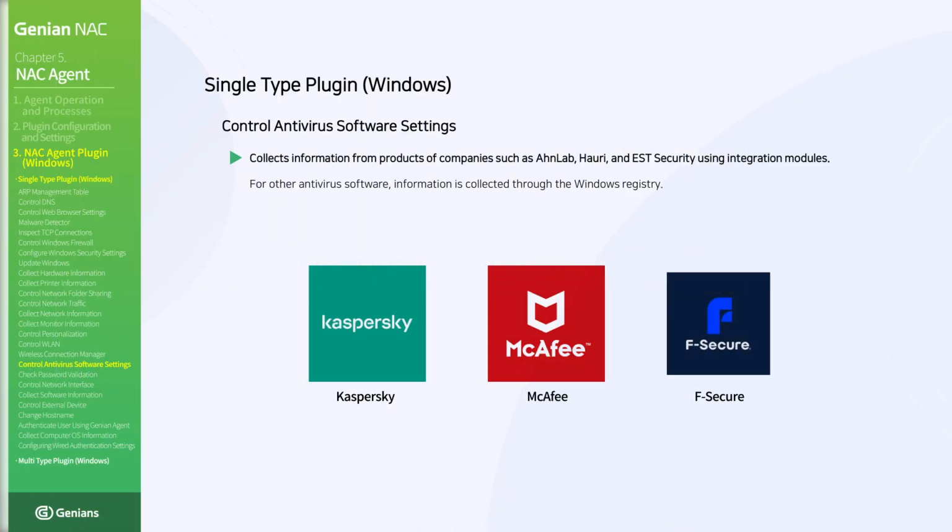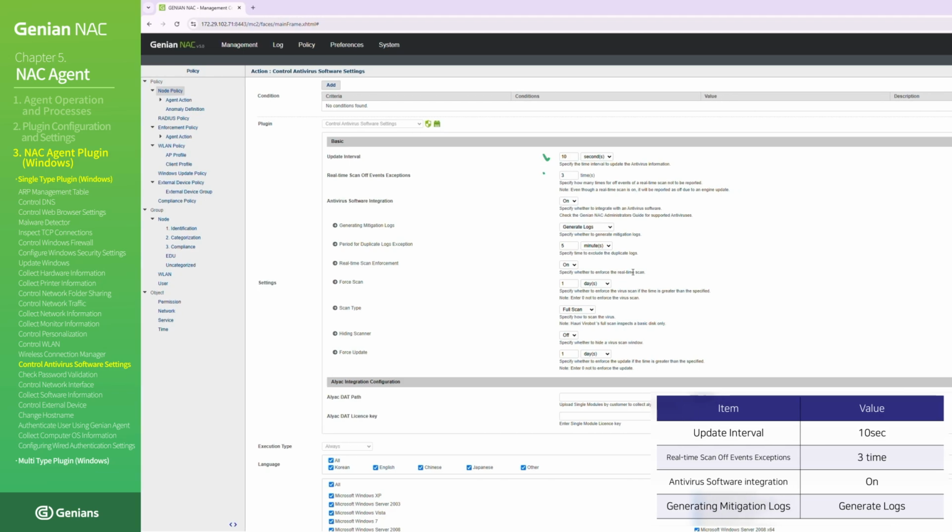The Control Antivirus Software Settings plugin collects information about antivirus software registered in Windows or performs antivirus integration functions. Supported antivirus products for integration include corporate versions of OnLab v3, Hauri Virobot, and ESTsoft Alyak. To collect antivirus information and integrate it using the Control Antivirus Software Settings node action, the following configurations are required.